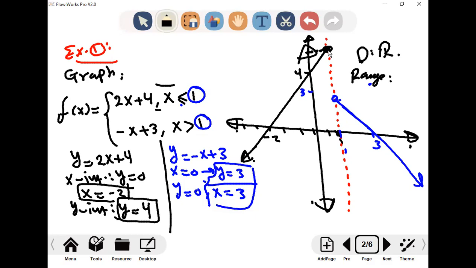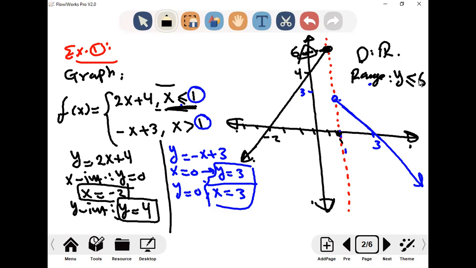No. How do I know this point on the y? This point is the definition at 1, right? What's the value at 1? We substitute here: 2 multiplied by 1 is 2, plus 4, 6. So this value here should be 6. So the maximum value, or the highest point the function gets, is 6, right? So the range here we say y is less than or equal to 6.